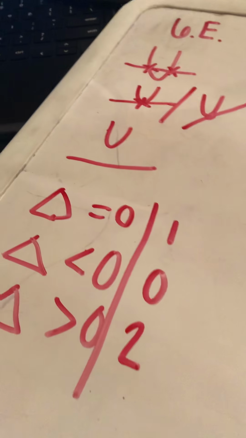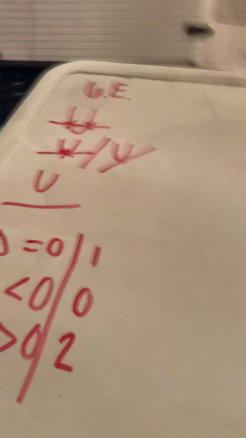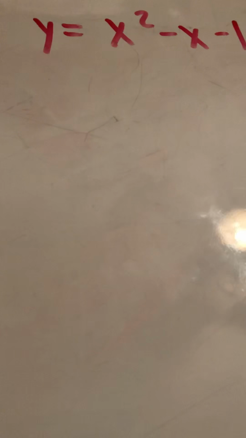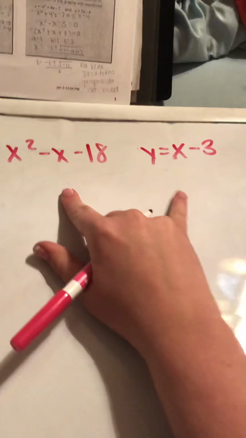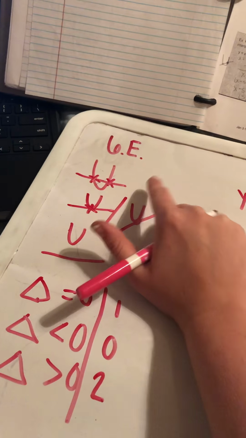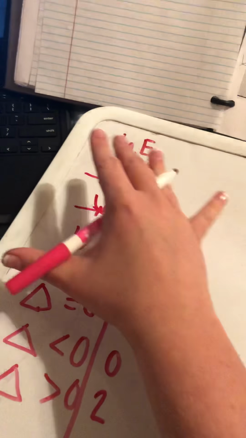Okay. So basically, here, I'll take the first example from the notes. But basically, these will give you minus 18. It'll give you 2 different equations, and you have to find where they either cut, where they intersect somehow.